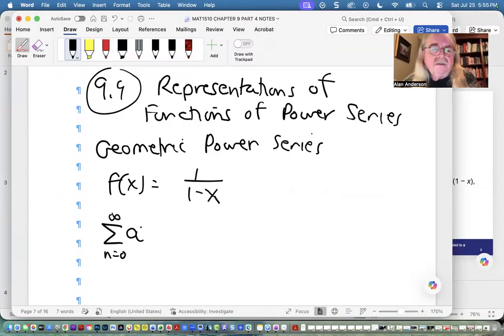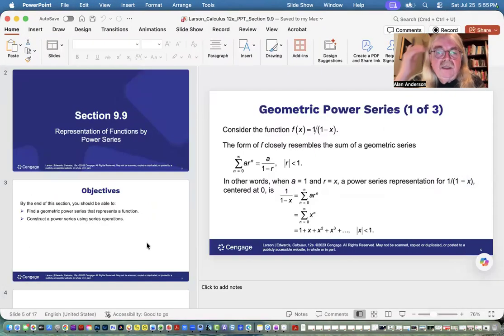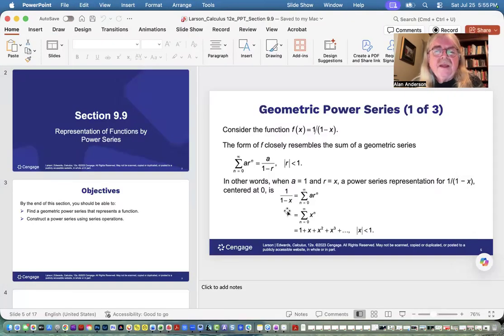It's a constant. Every term has the same A. But we do have a variable R raised to the n power. And it turns out that as long as the absolute value of R is strictly less than 1, this infinite series reduces very nicely to A over 1 minus R. It's very helpful.